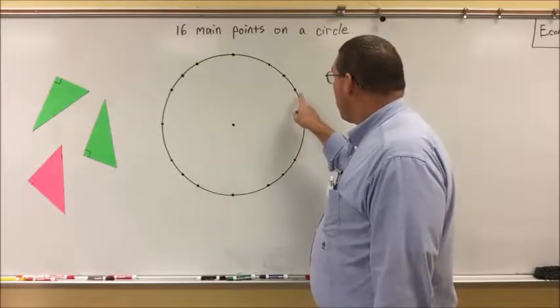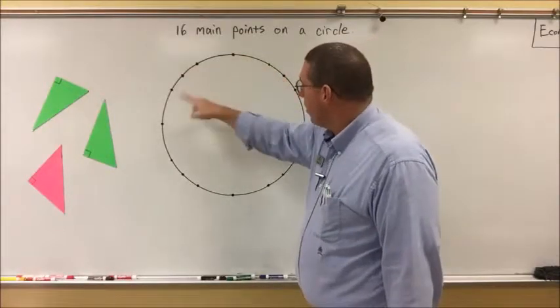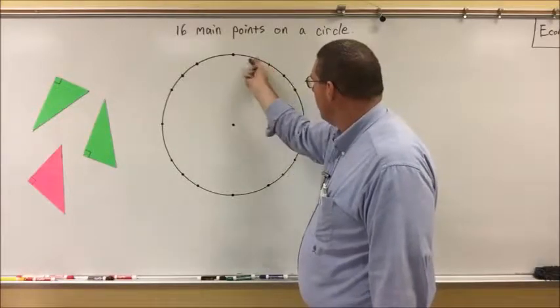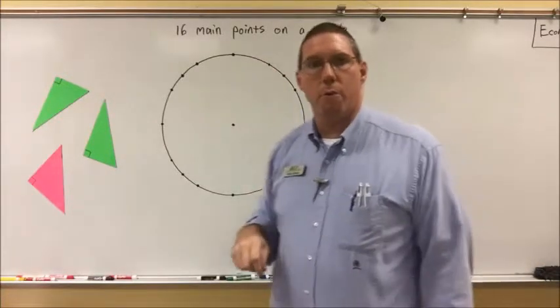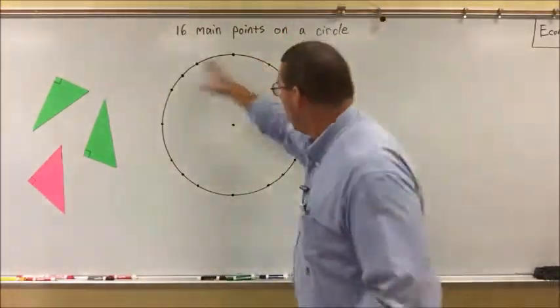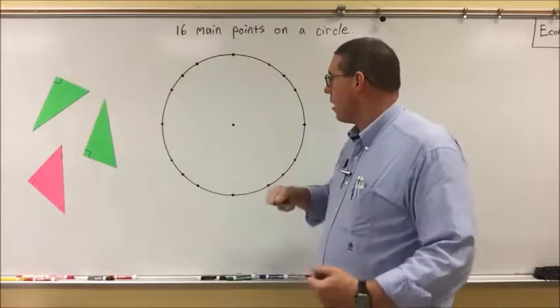And there are an infinite number of points. Right here, there's a point here, here, here, here, here, and there are millions of points even in between all those points. So all circles have an infinite number of points on the outside of the circle from the center.